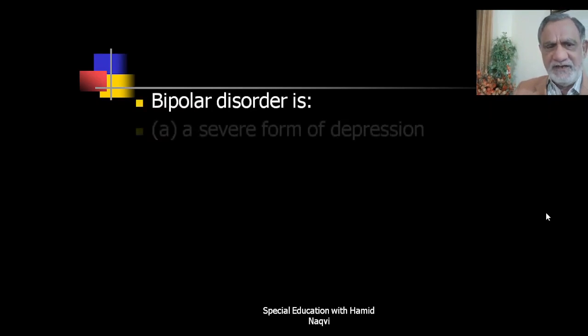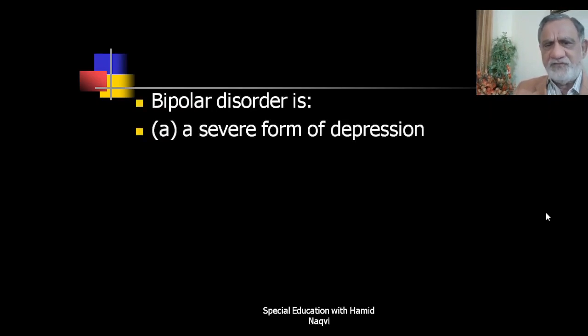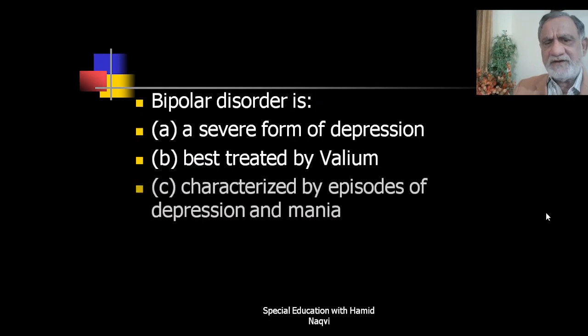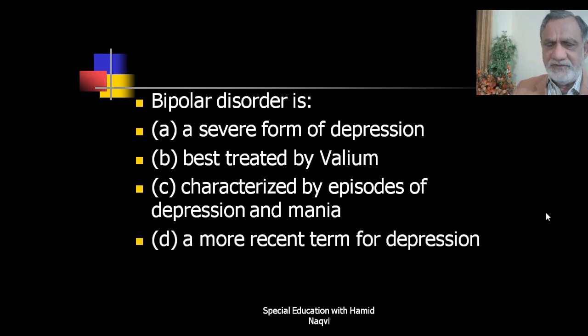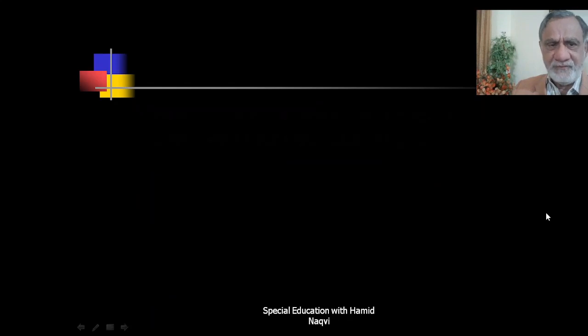Bipolar disorder is a severe form of depression, best treated by Valium, characterized by episodes of depression and mania, or a more recent term of depression. The correct answer is C, that is characterized by episodes of depression and mania.